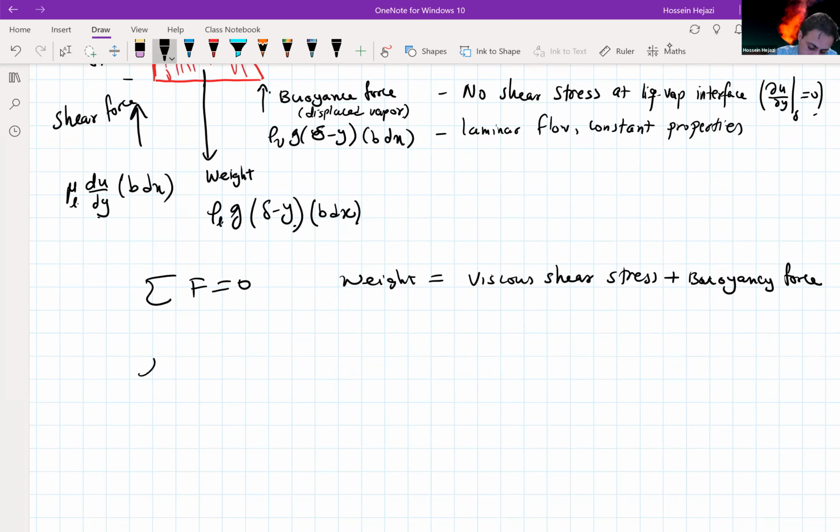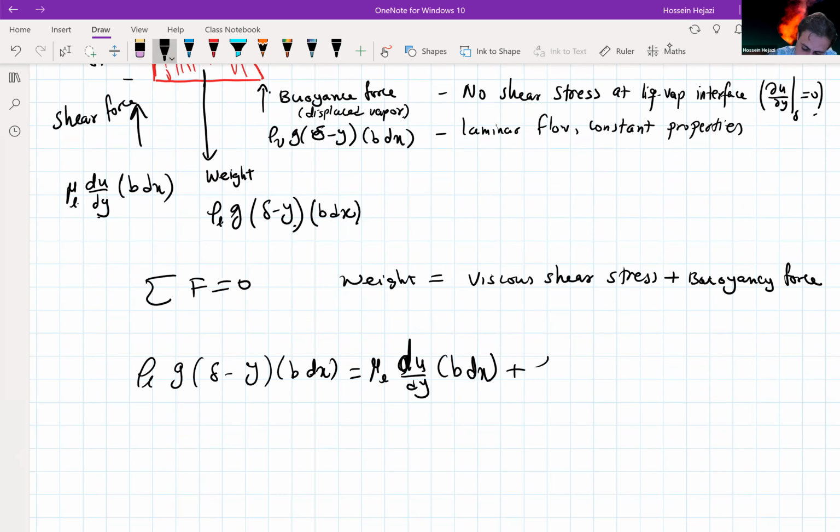So it's going to be rho L g (delta minus y) b dx, that's the weight. Viscous is going to be mu L du/dy b dx, plus rho v g (delta minus y) b dx.